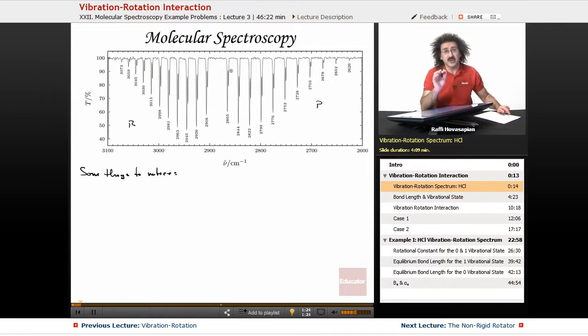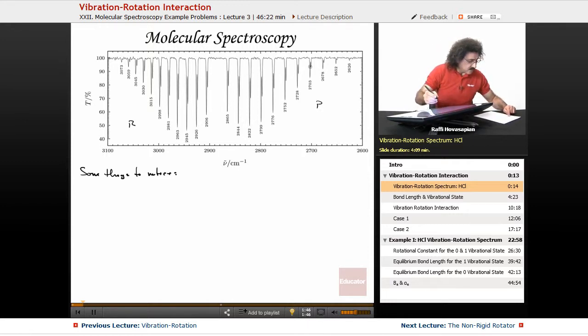We would expect 2B, 2B, 2B, 2B in the P branch and in the R branch, but that's not the case. These are narrower, and as we go further along the R branch, the gap tends to get smaller. And as we go further along the P branch, the gap actually gets bigger.